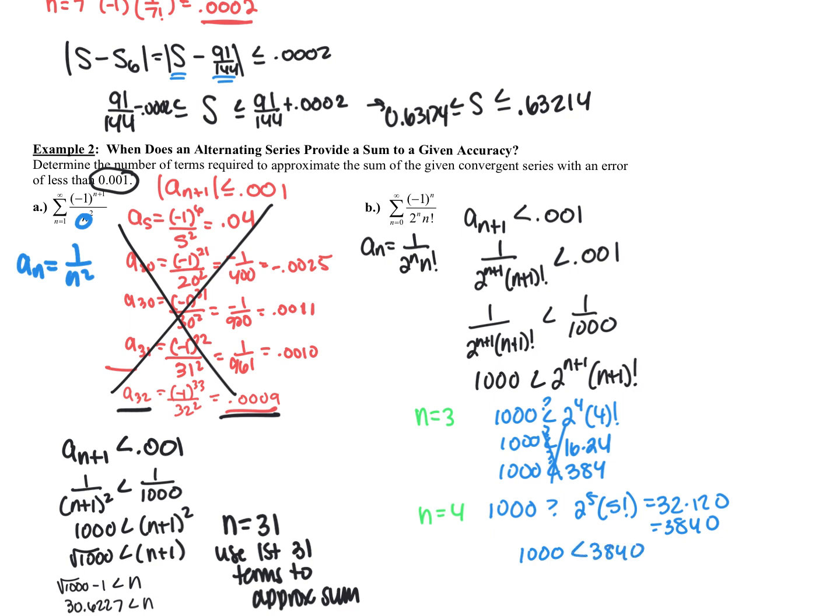So we need to add up the first 4 terms. And then our error will be less than 1/1000 because the next term, the 5th term, will be less than 0.001.